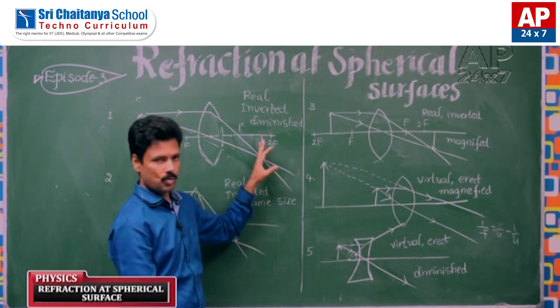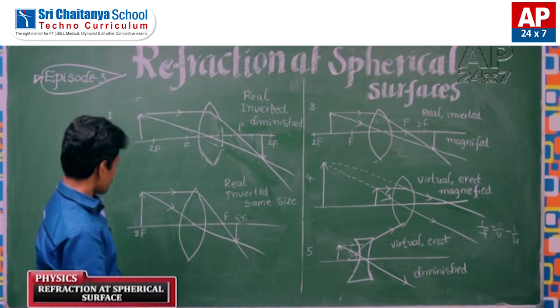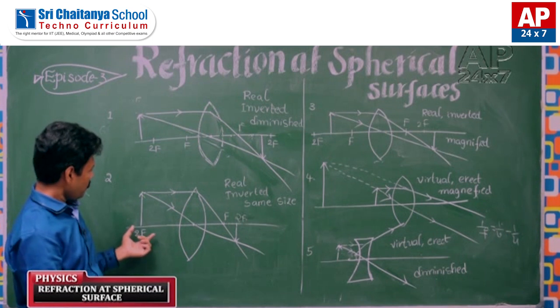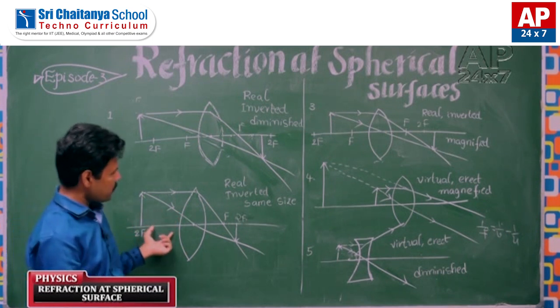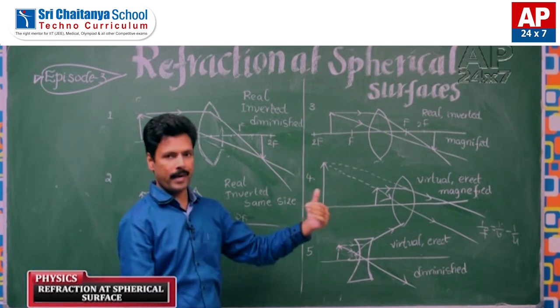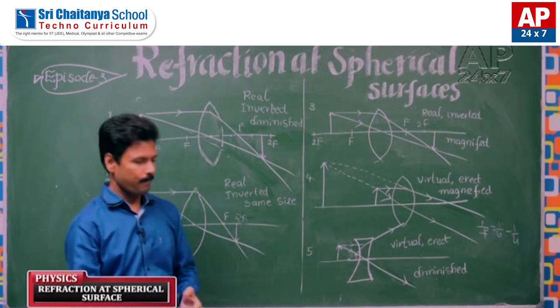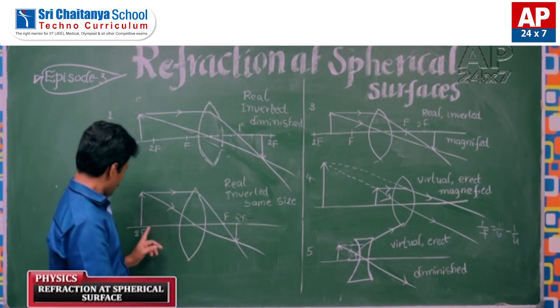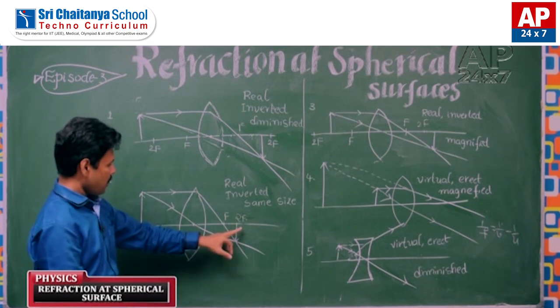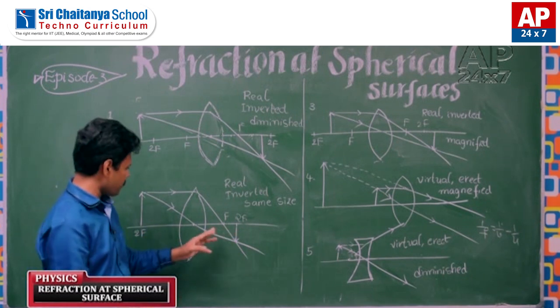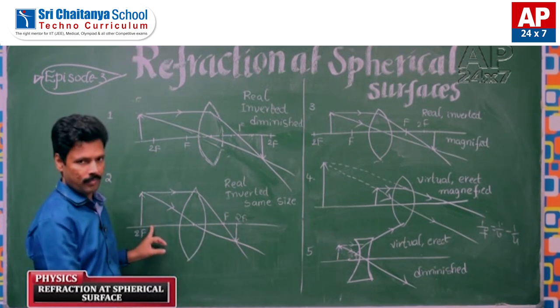Is the point clear, students? Right. Let us see the next one. When you are keeping the object at 2f, if you substitute this value there, u = -2f, then we are going to get v = +2f. That means the v value and u value are numerically the same, one is +2f and one is -2f.